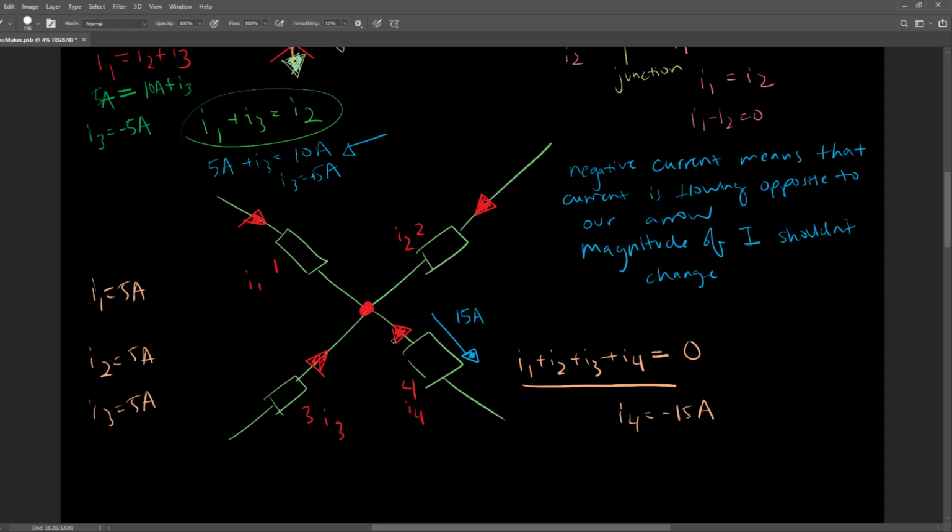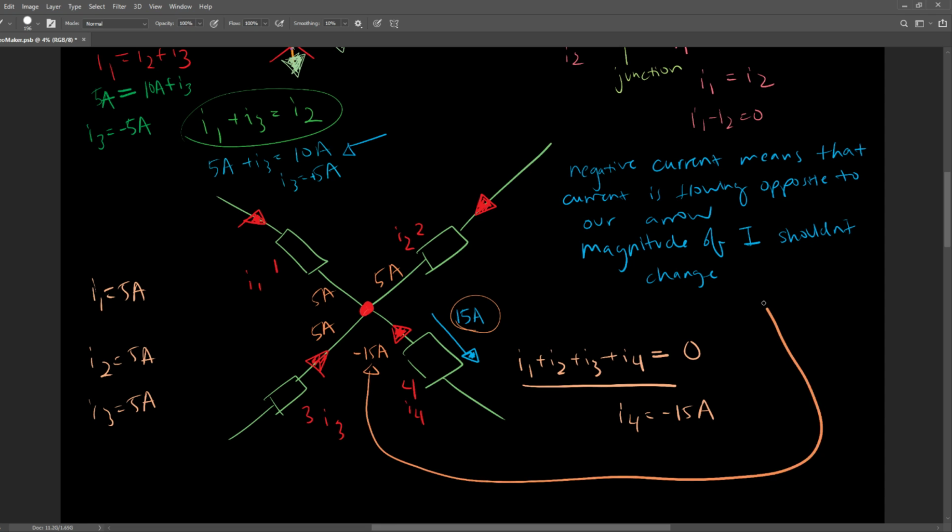So the flowing in, we would call it negative 15. This would be 5 amps, this would be 5 amps, this would be 5 amps, and the true direction would be denoted right here. So this fits what we said over here, and that's pretty much Kirchhoff's current law.